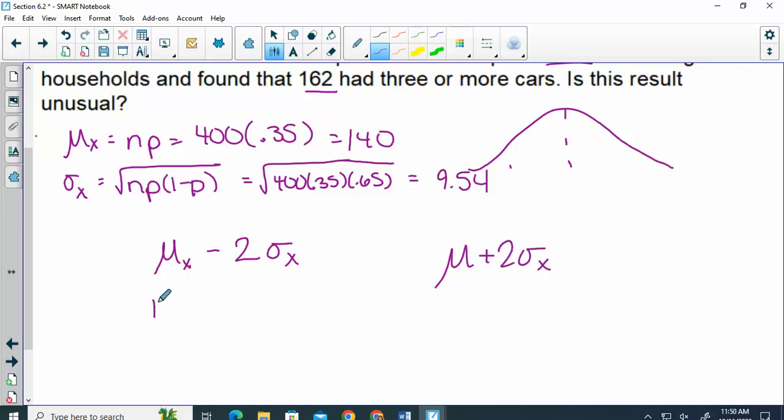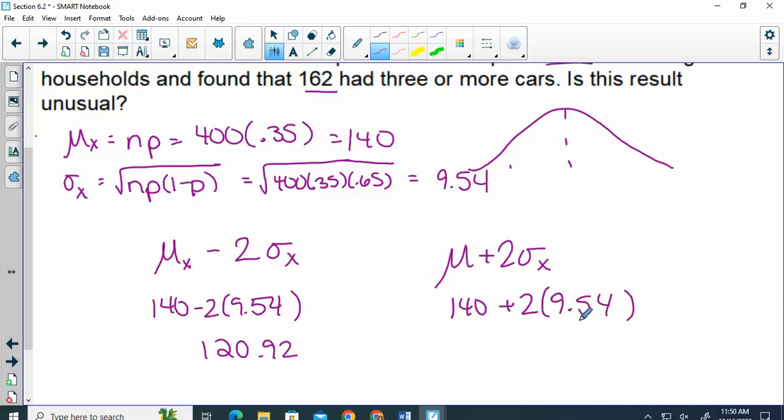So the mean minus 2 standard deviations gives 120.92, and the mean plus 2 standard deviations gives us 159.0. So this is normal if you're somewhere in this range. So would 162 be abnormal? Yes.